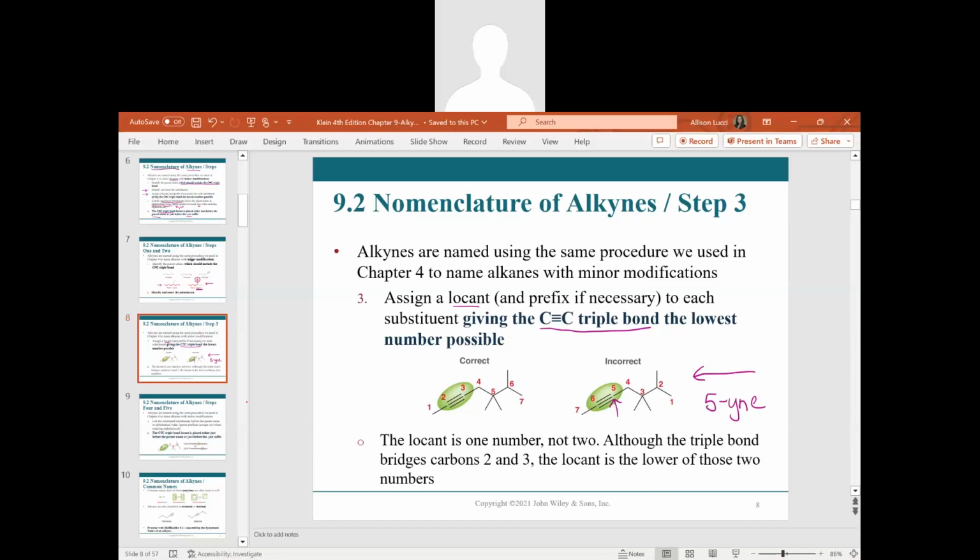But over here on the left side, we see that we would have a 2-yne for our alkyne. And our locant is always going to be 1 number, not 2. We start with the lower of the 2 numbers when we number the carbons that this triple bond is between. So carbons 2 and 3, the triple bond is between them, but we use the 2 in our nomenclature.